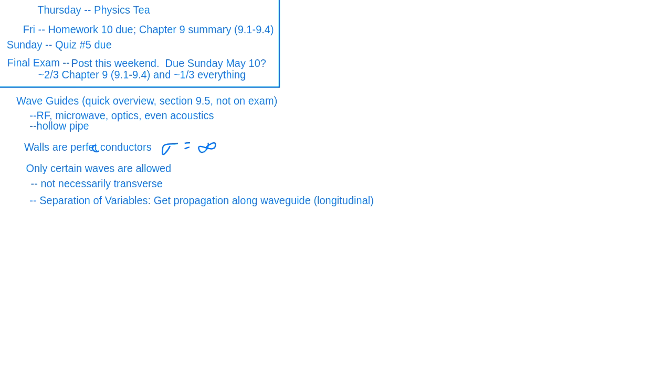When you say separation of variables, are you saying that the waves can have x, y, and z components, and we're only concerned with the z? Well, we are concerned with all of them, but we're going to separate them into x, y, and z solutions.